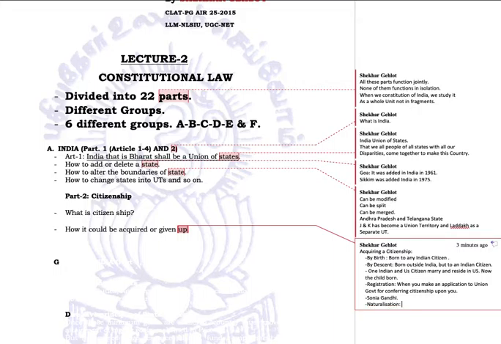naturalization is a process which says that you are so Indianized that citizenship could be granted to you.